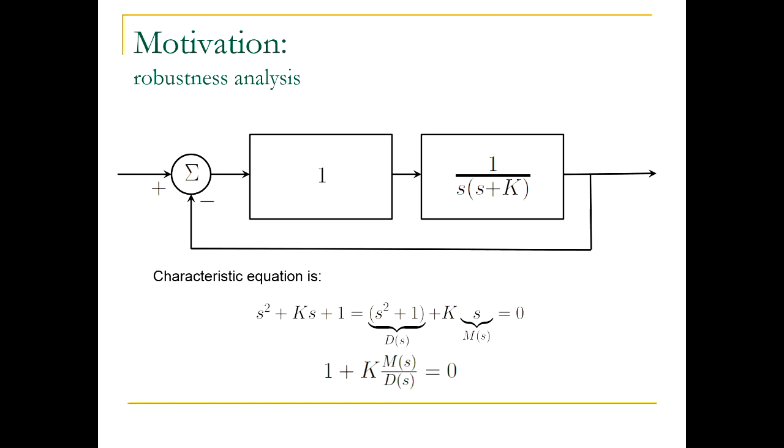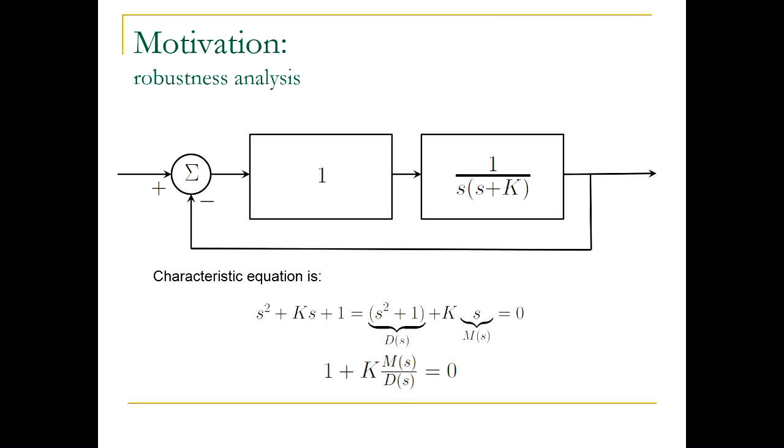What you can do is you can again find the characteristic polynomial for the closed loop system by algebra of block diagrams, rewrite it again in the way that we described before. We get the same mathematical description of where the locations of closed loop poles are. And you can analyze how closed loop poles are affected by this plant parameter K.